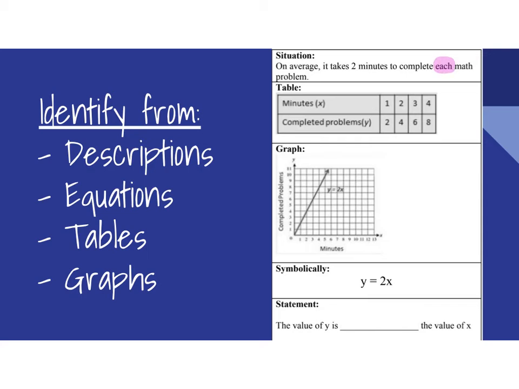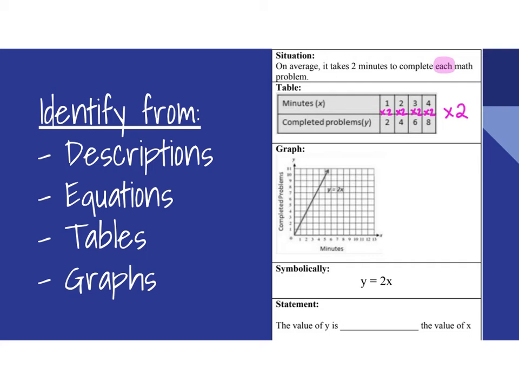So looking at the table down below, if we look for a pattern between x and y, we can multiply by 2 each time to get from x to y. So our pattern is to multiply by 2, so that means we have a multiplicative relationship.